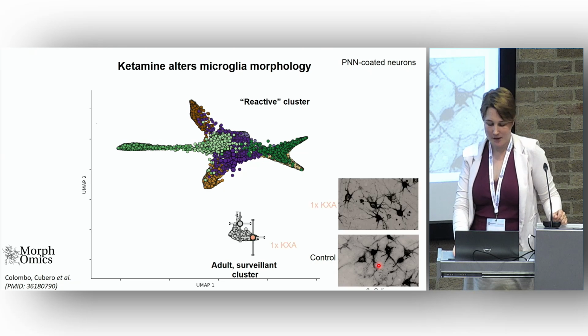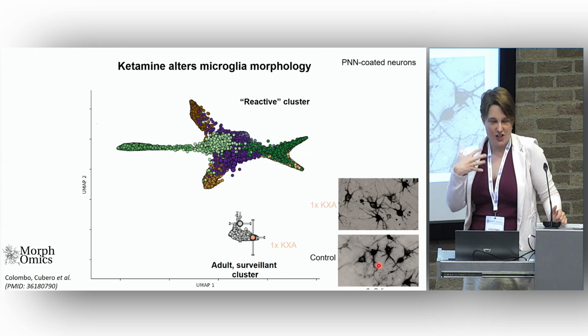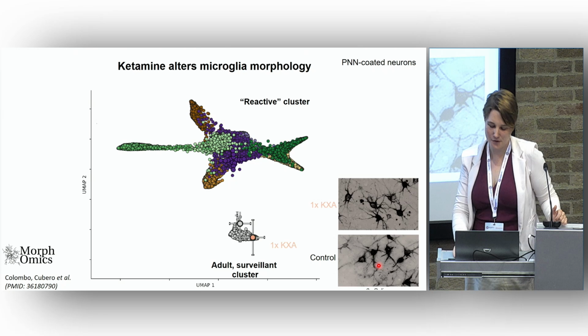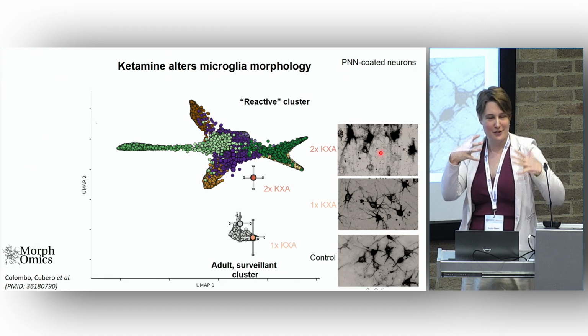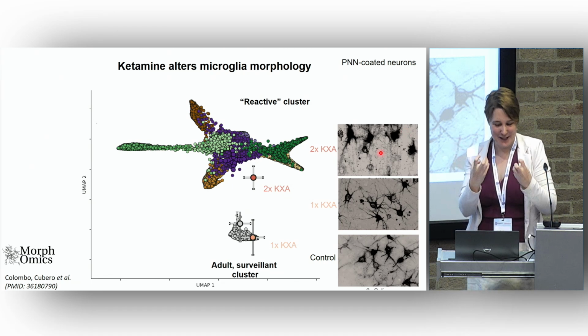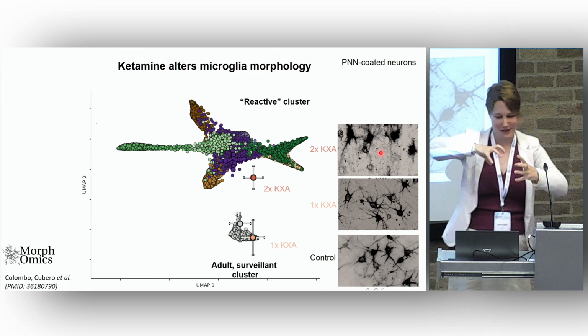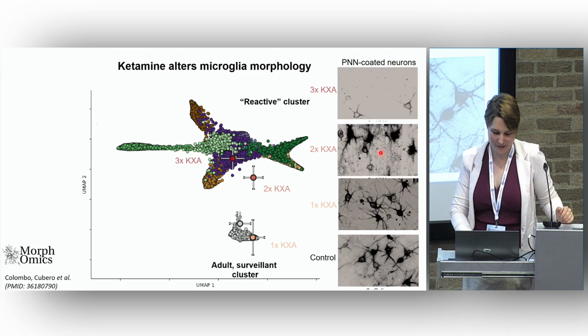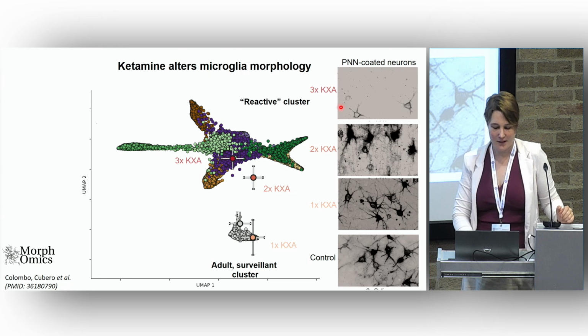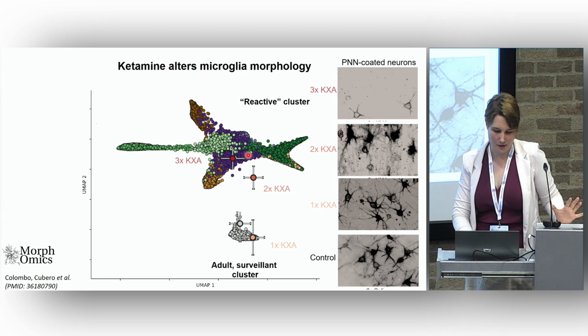After 1 time ketamine anesthesia, there is not such a strong effect. But when you look at 2 times ketamine, you see that the microglia morphology is adapting, and indeed the ECM, the PNN, starts to disassemble, and after 3 times ketamine, you see that all the PNN is already gone.